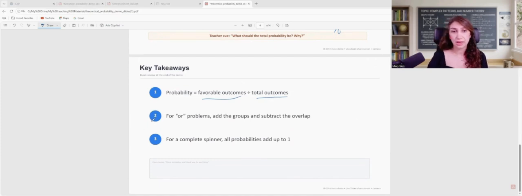The key idea number 2 is for all problems, add the groups and subtract the overlap. We need to always subtract the overlap, so be careful about that. And the third key idea is for a complete spinner, all probabilities add up to 1.